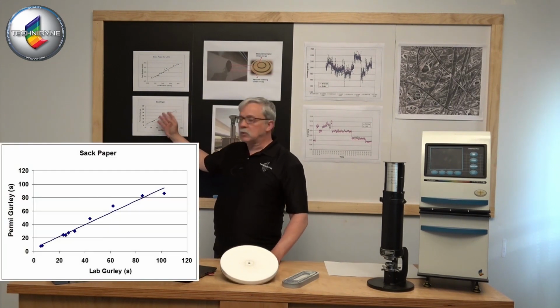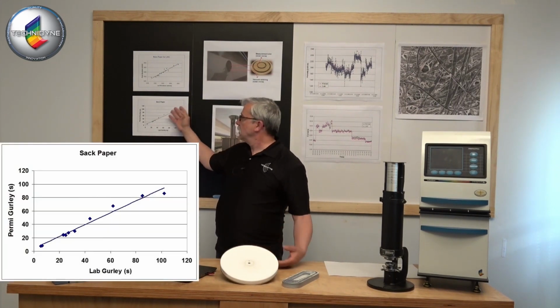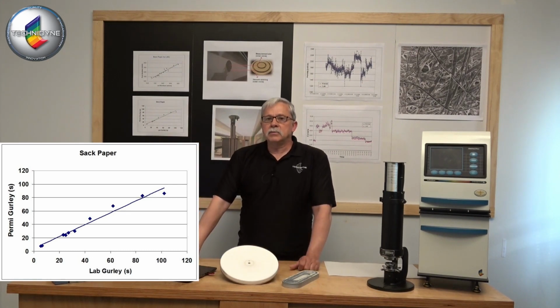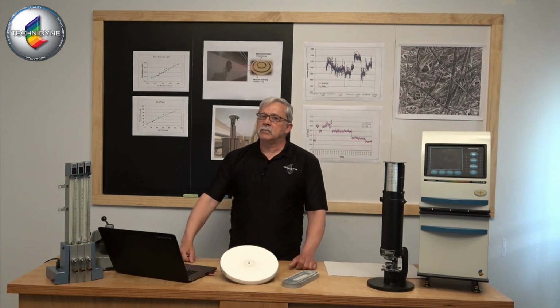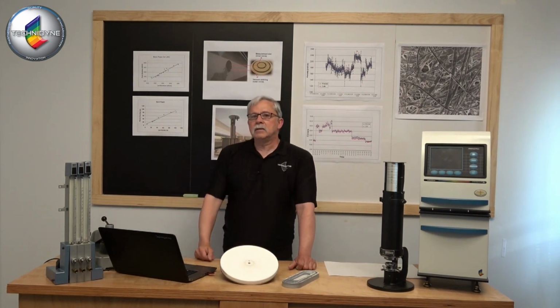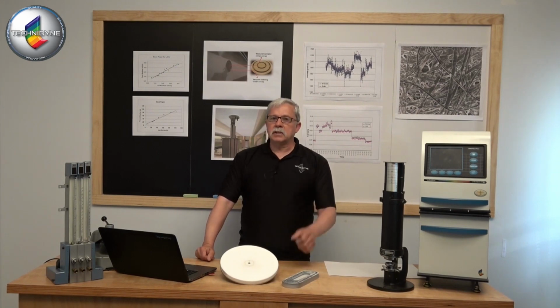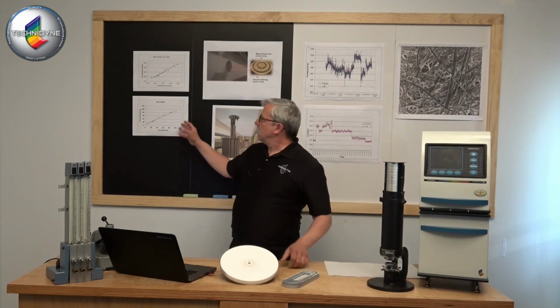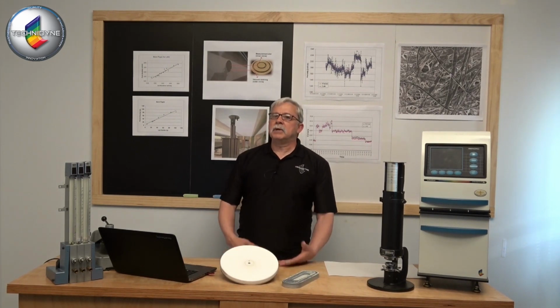We do the same correlation with a Gurley test. We look at the Gurley results from our benchtop equipment, correlate to the response that we're getting off of the machine, and run a correlation, and R-squared is 90% or better. So obviously there's some work behind the scenes in order to get this system set up to match, or let's say simulate, your benchtop equipment.